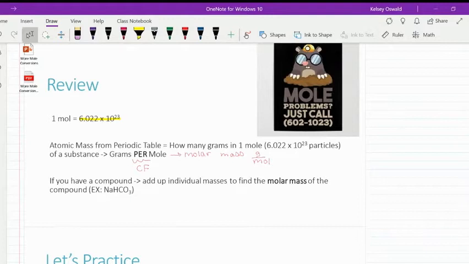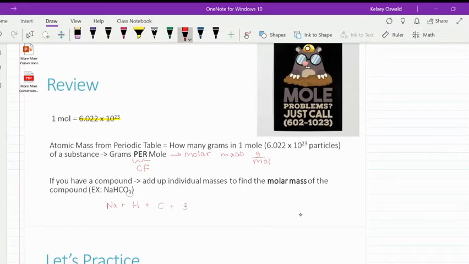So we said our molar mass, or the mass of 1 mole, we could find by looking at a periodic table. If we have a compound, we're going to do the same thing. We just need to add up our individual masses to find the molar mass of our compound. So if we have baking soda here, NaHCO3, we would find our mass of sodium plus our mass of hydrogen from the periodic table plus carbon, and then we have 3 oxygens.